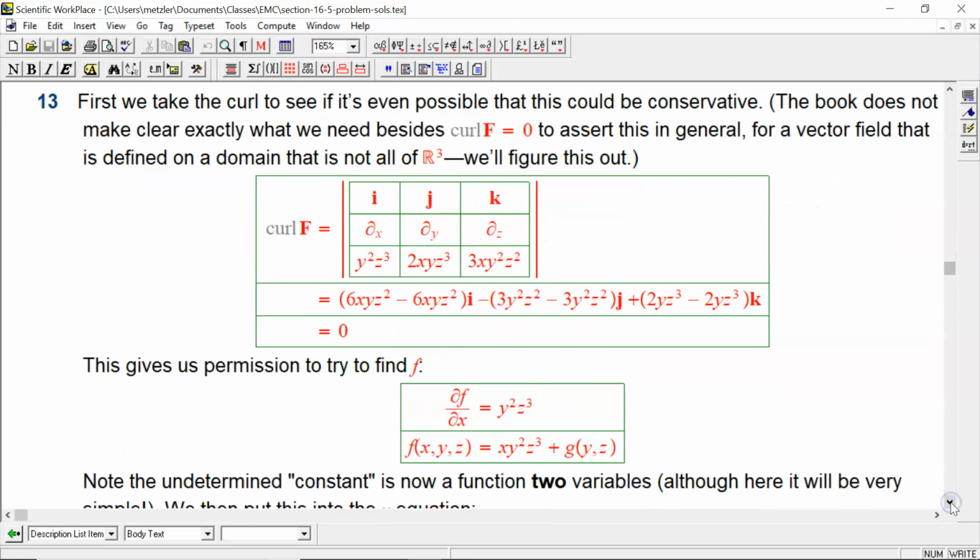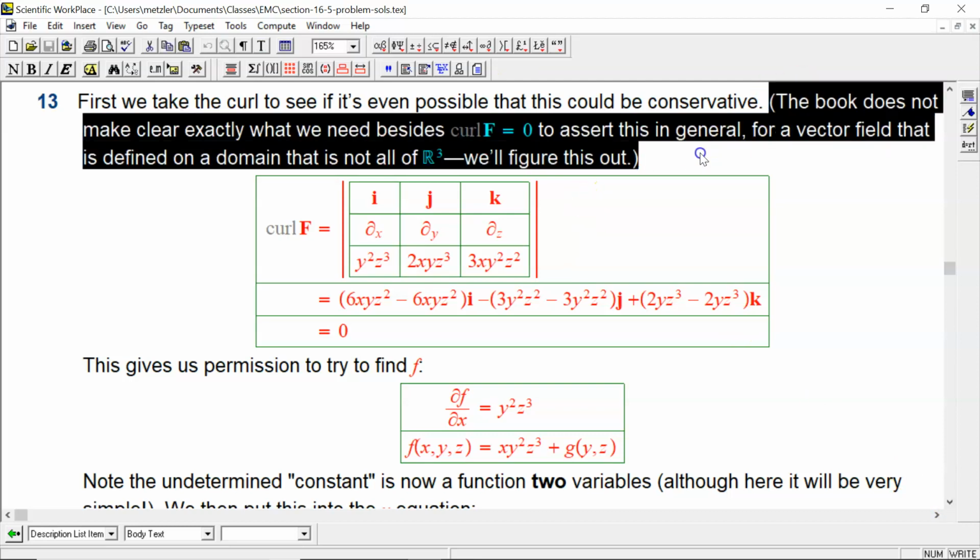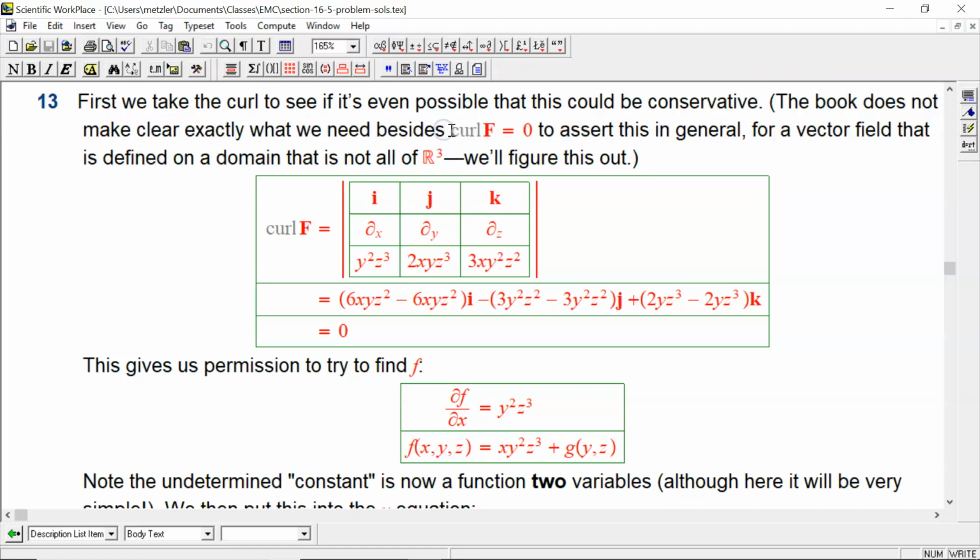Okay, the next couple are pretty easy. I'll take a look and see if people need specific help with this, but I do want to mention one thing. We're getting a little bit ahead of ourselves in a way. We took a lot of time to figure out that if a vector field in 2 dimensions satisfies scalar curl equal to 0, that didn't always mean it was conservative.